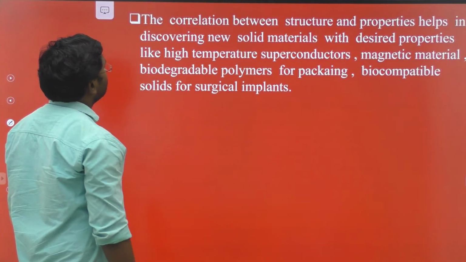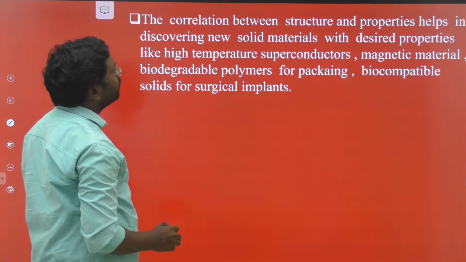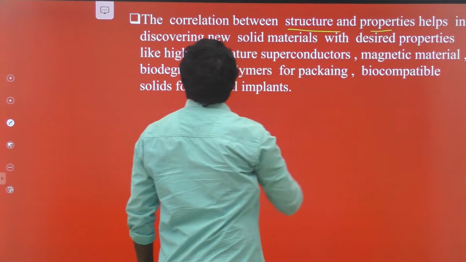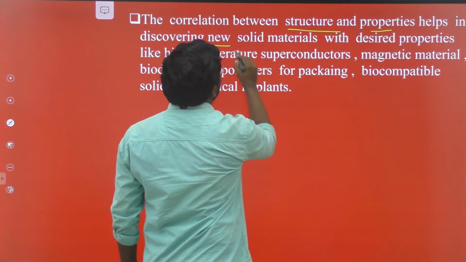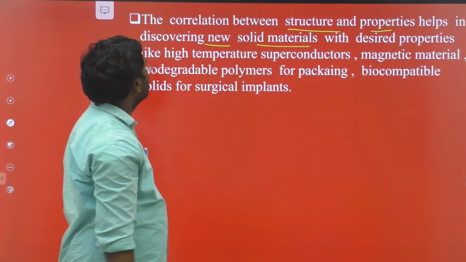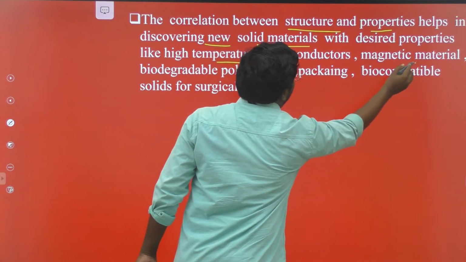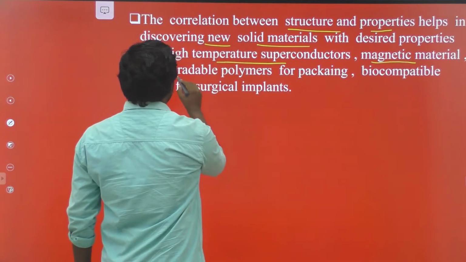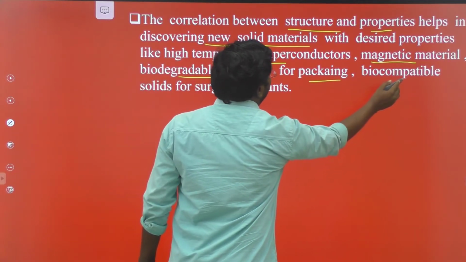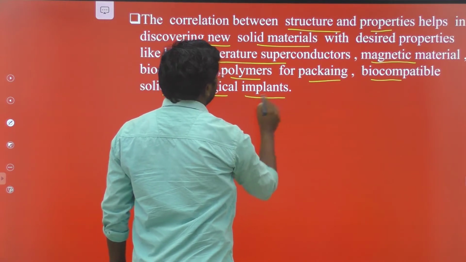And next, the correlation between structure and properties. Structure and properties help in discovering new solid materials with desired properties, like high temperature superconductors, magnetic materials, biodegradable polymers for packing, and biocompatible solids for surgical implants.